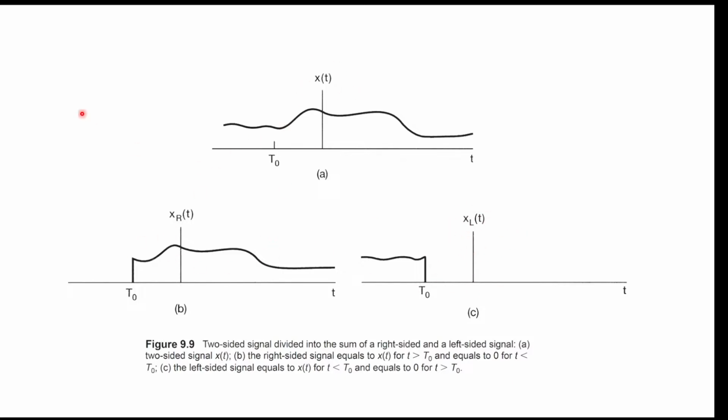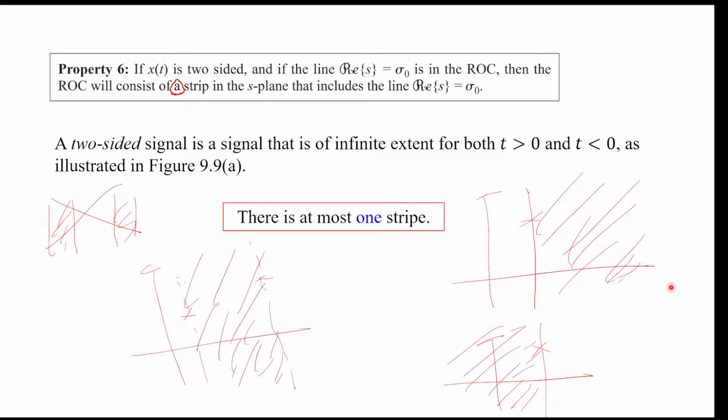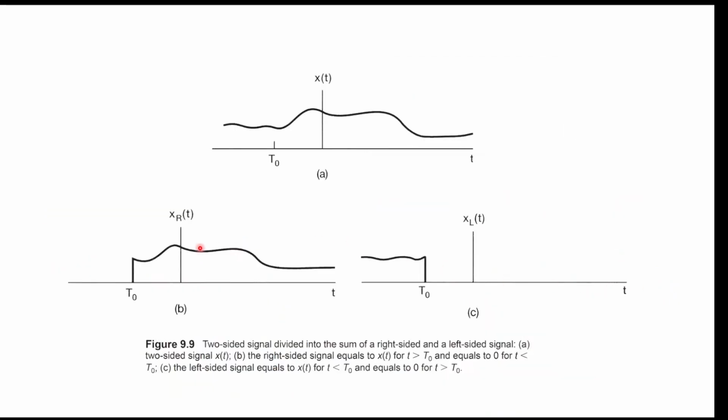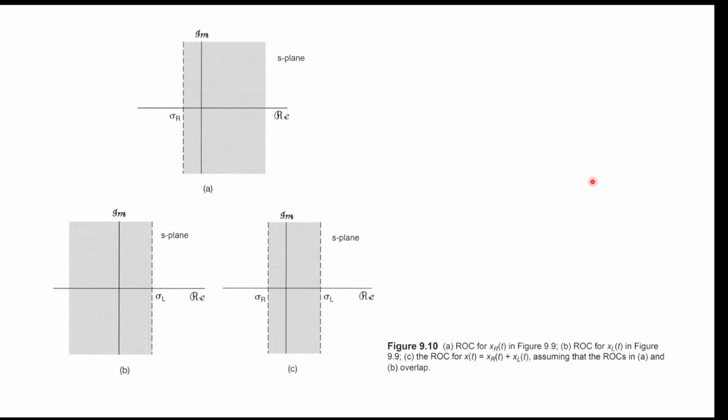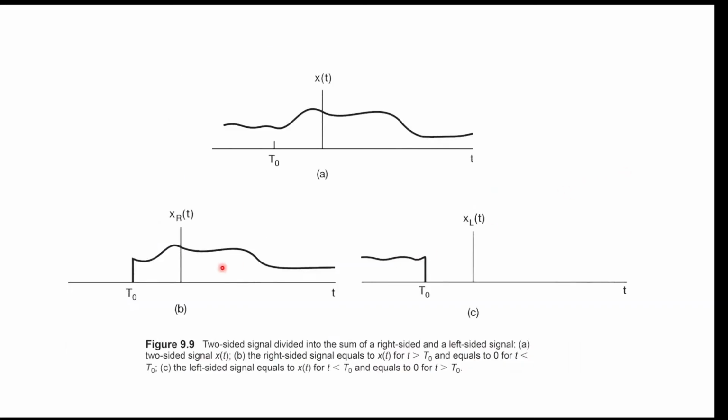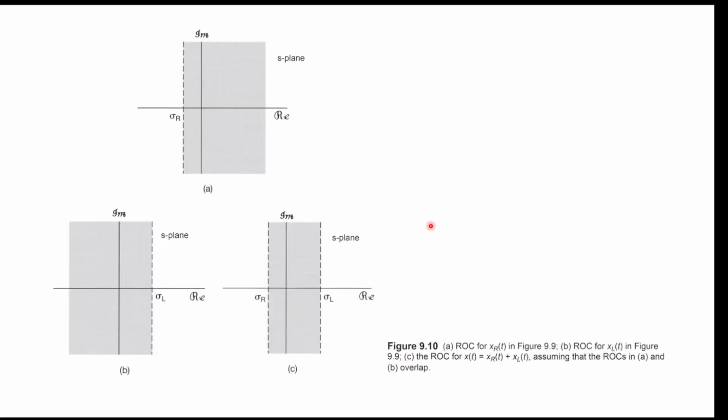The left-hand part is x of t until t0 and zero after. Using property 4 and 5, we know the right-hand part x_R has an ROC extending to the right, and the left-hand part x_L has an ROC extending to the left.